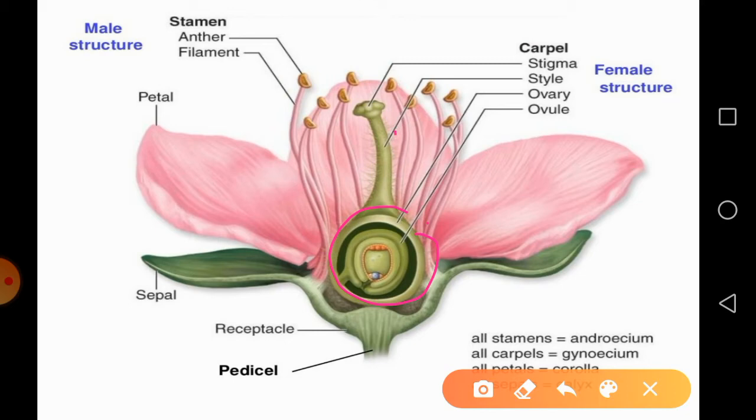This part is called the style and the part above is called the stigma. Generally the ovary is the swollen basal part of the carpel that contains one or more ovules. Inside this ovary you will have ovules. Each ovule is connected to the ovary wall through a tissue called the placenta, which we are going to see in detail.